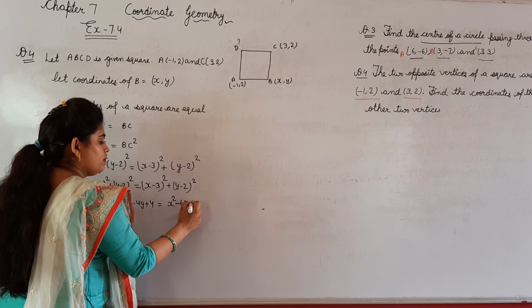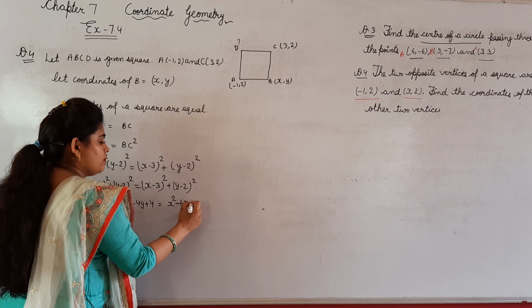As we know that each angle of square is of 90 degree, कि स्क्वायर का हर एक एंगल 90 डिग्री का होता है. And when we are joining, on joining A to C, we are getting a right angled triangle.